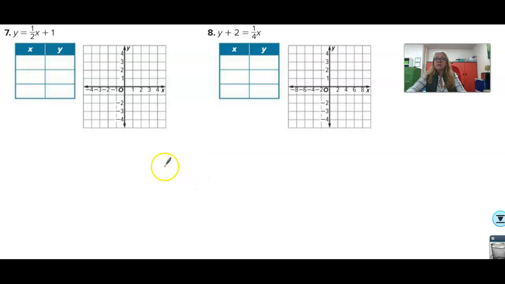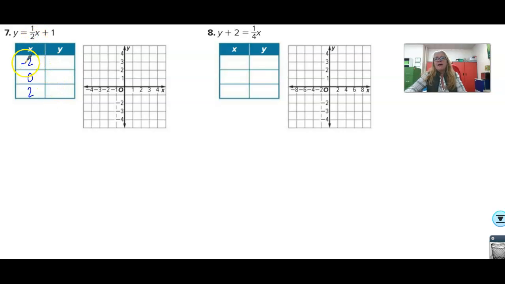All right, now this one is in y equals mx plus b format, so we don't have to do a whole lot there, but we want to be careful what values we pick for x because we're going to multiply them times a half. So we want our values to divide evenly by 2. So instead of -1, 0, positive 1, I'm going to use -2, 0, positive 2 because 2 divides by 2.